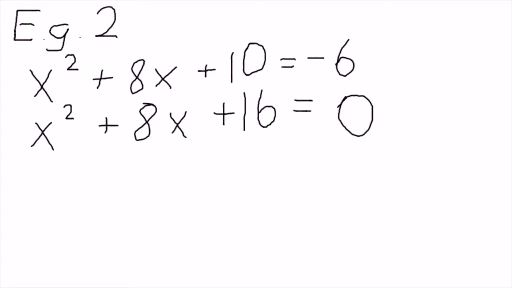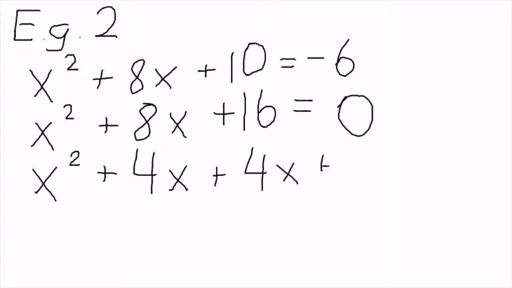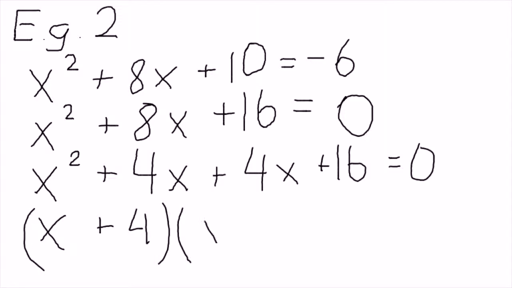So to write the expression in expanded form, you would write x squared plus 4x plus 4x plus 16 equals 0. And if you simplify this, you get (x plus 4)(x plus 4) is equal to 0.